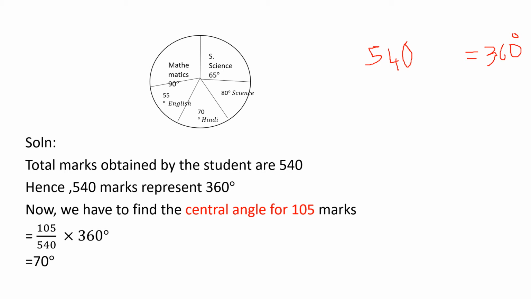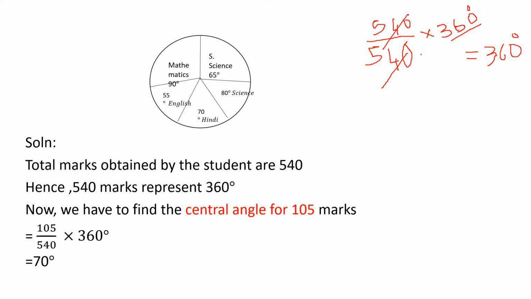So for 540 you want to get 360 degrees. Think the student has scored 540 marks, full marks. So the 540 will get cancelled, and only 360 degrees remains.